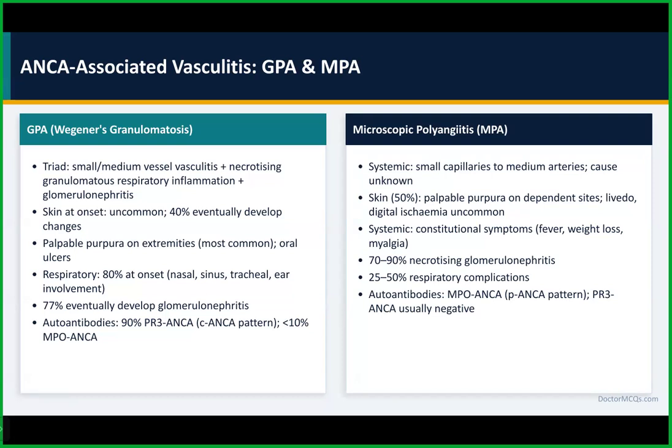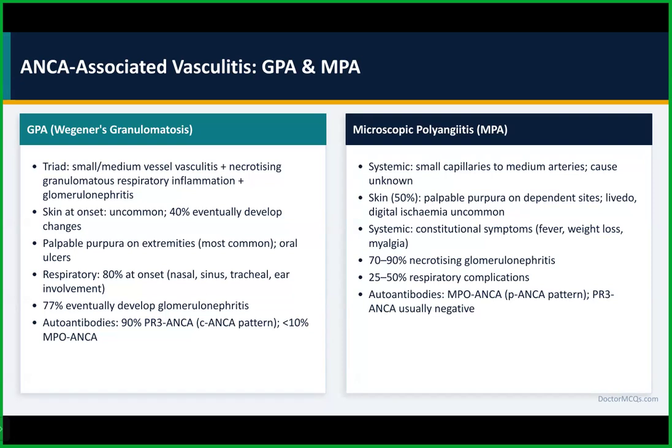As it is Wegener's granulomatosis, the respiratory tract will be involved, and also some renal involvement will be there. So in all small or medium size vasculitis, we need to rule out any respiratory or renal decompensation. The autoantibodies will be positive for ANCA, with a C-ANCA pattern.